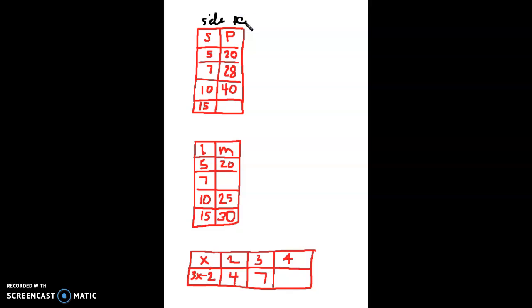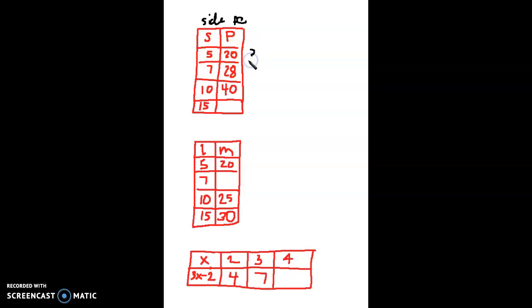P stands for perimeter. Gwen tested and said that for every side, she's going to have a perimeter that is some kind of rule based on the number of sides. If you look at this pattern, is there any relationship between 5 and 20?